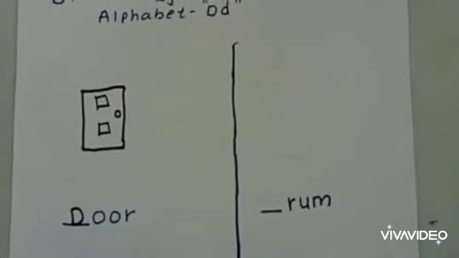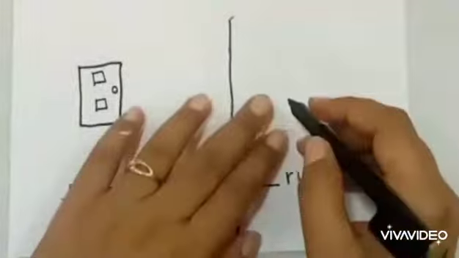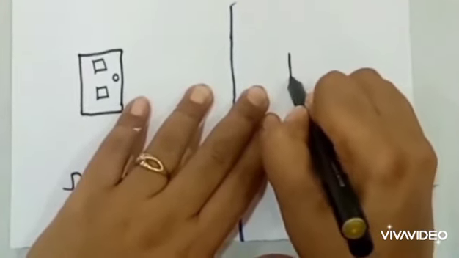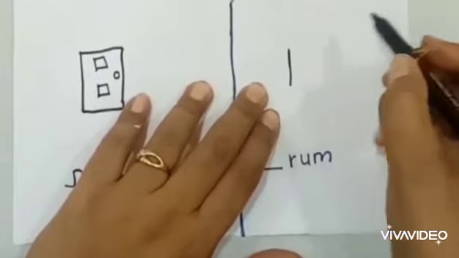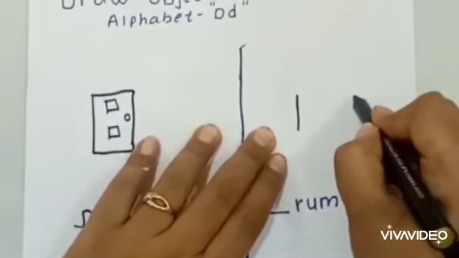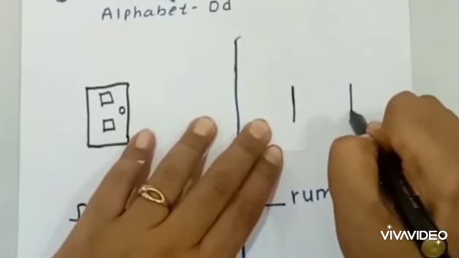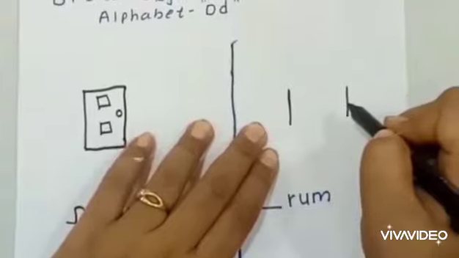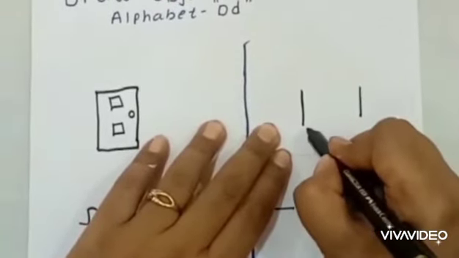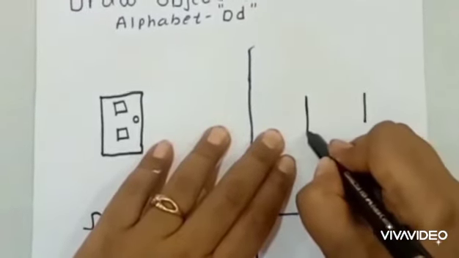Now we will draw a drum. One small standing line over here, keep some distance and draw one more standing line over here. Now we'll draw one curvy line to join these two standing lines.